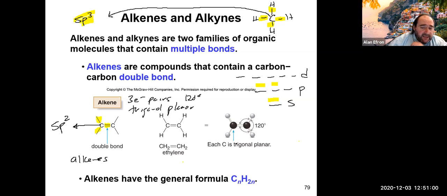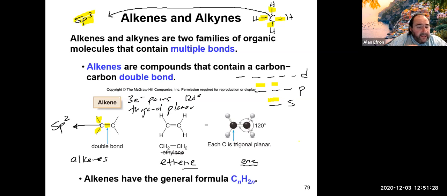Alkenes are named just like alkanes, except surprisingly, it ends with ene instead of ane. So if you had, say, ethane, and then you put a double bond like we're seeing here, that is known as ethene, based off of ethane.